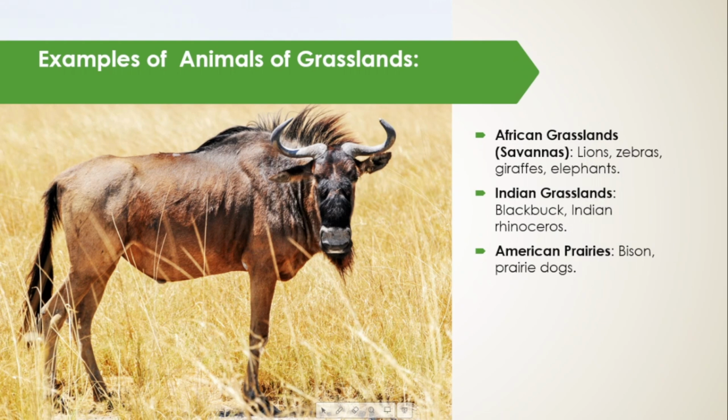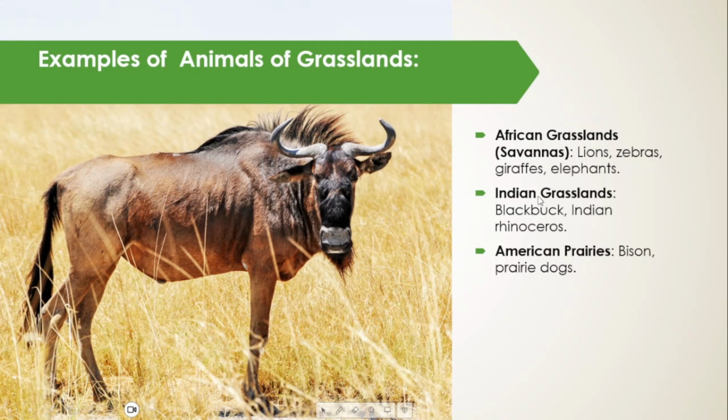Next are the examples of animals of grasslands. Different animals are present in different grasslands. We have African grasslands which we call savannas, and the animals that we see in these African grasslands are lions, zebra, giraffe and elephant.